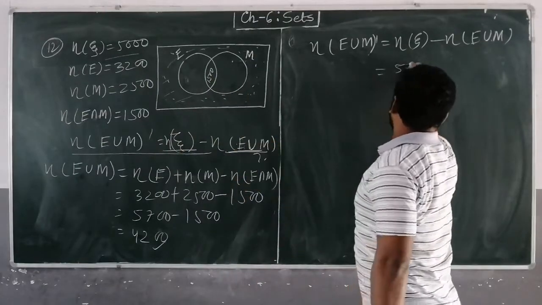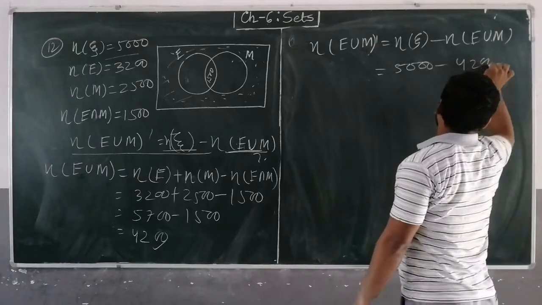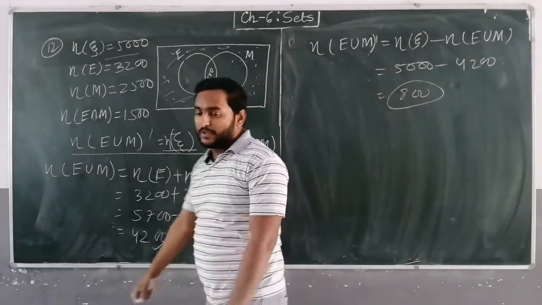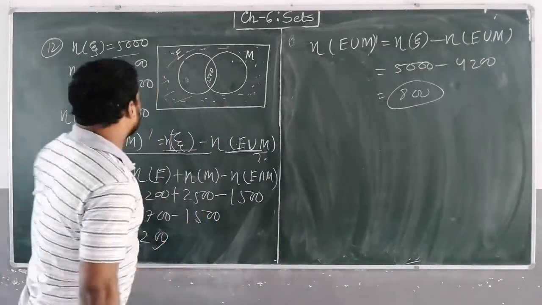So n of xi equals 5000 minus the union that you have calculated, 4200. So that is equals to 800. So 800 people are pure vegetarian. Now come to question number 13.